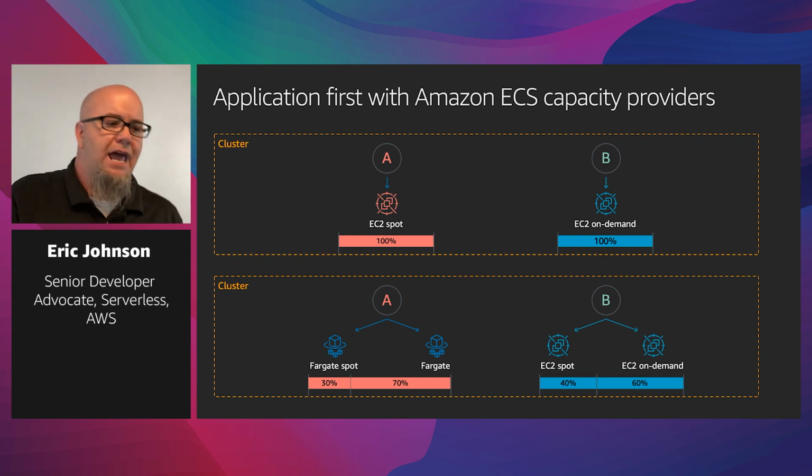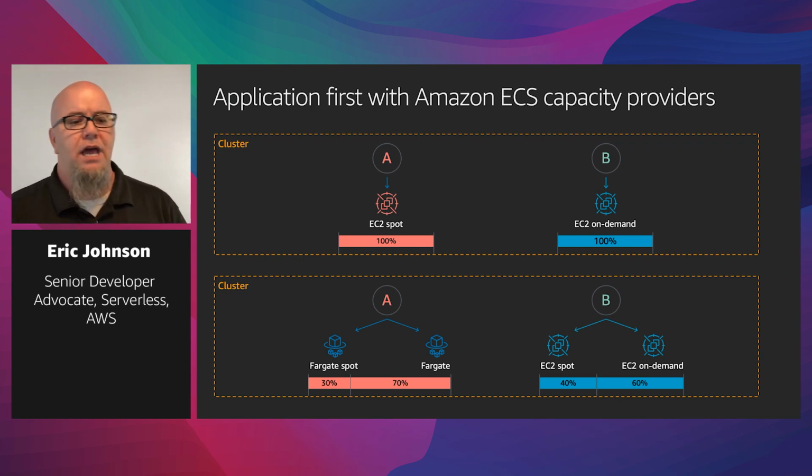So I can come in and say, hey, I'm going to have Fargate and I'm going to have auto scaling as my providers. And in there, I want 30% of my Fargate to be on Spot, and I want 40% of my EC2 to be on Spot as well. So you have a lot of flexibility here. And then looking forward, you can see the potential as we make more of this available.